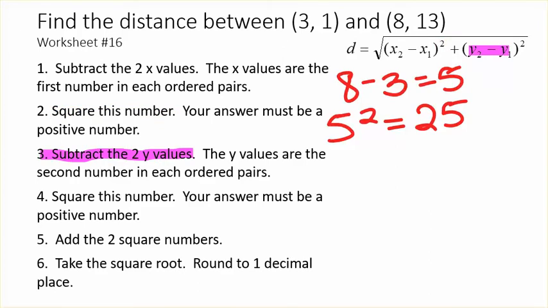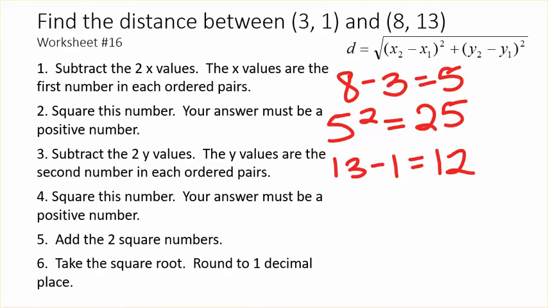Now we move to the y values. So subtract the two y values. The y values are the second number in each ordered pair. I'm going to take 13 minus 1, which gives you 12.